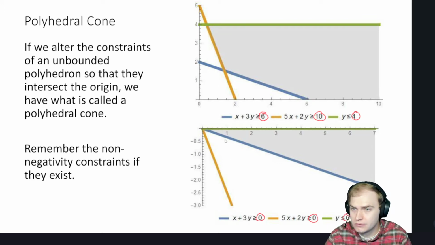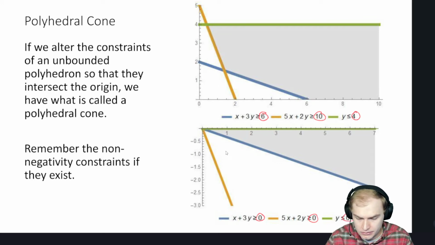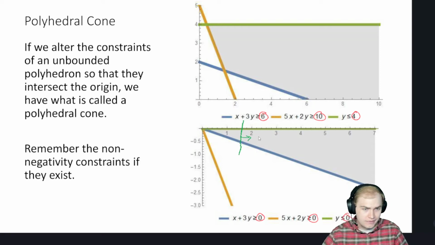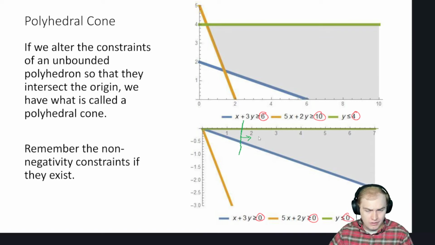So let's think about our objective function and its gradient again. Clearly, if our gradient is feasible to this polyhedral cone, what that means is we can follow the gradient to infinity forever and continue to increase our function, which would mean that the polyhedron is unbounded.